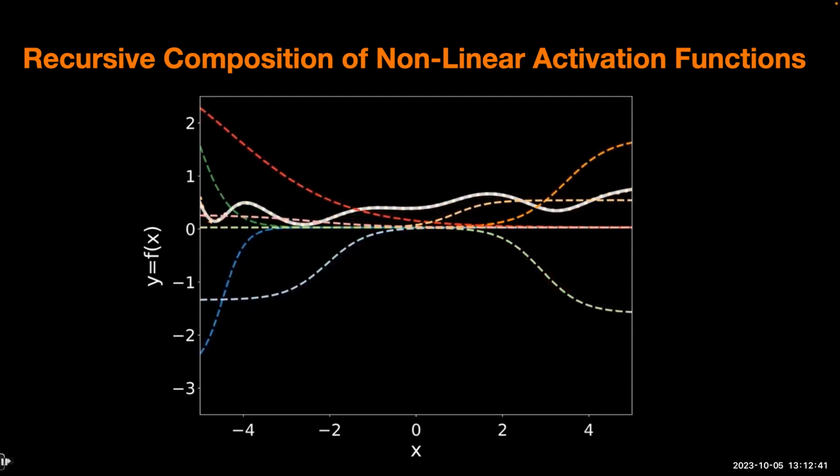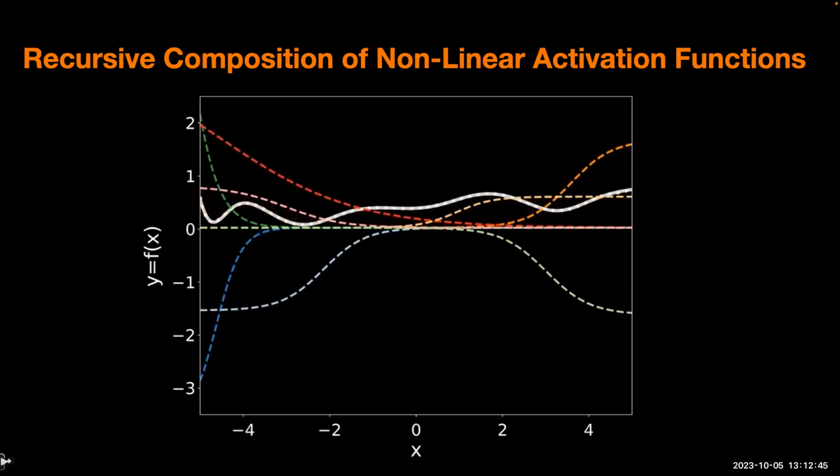Summing them up will give you the white line, which will be a good approximation of the dotted line. So you can imagine even starting with a simple function, if I use some recursive composition of nonlinear functions, I can come up with a very complex function. That's the logic behind neural networks.